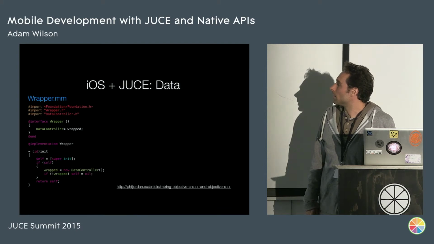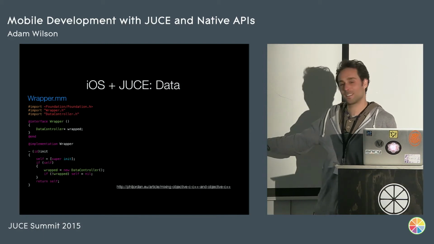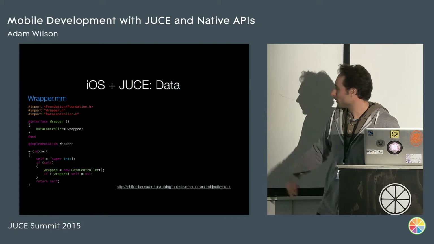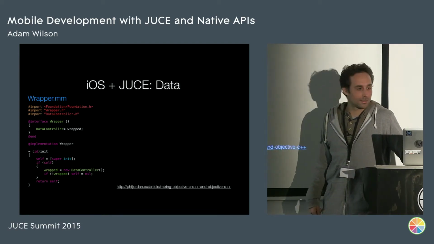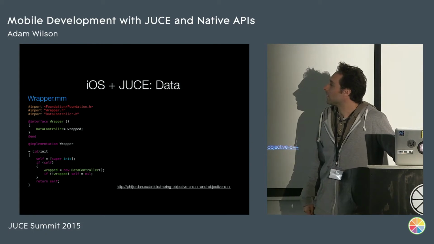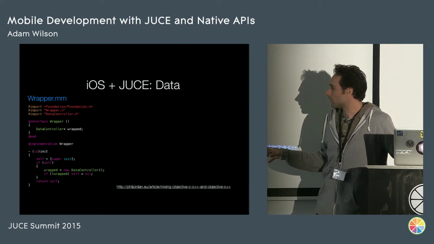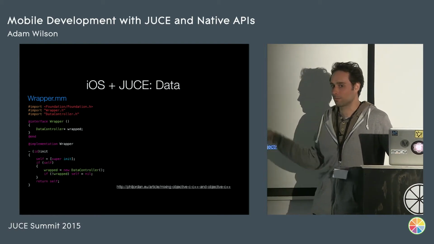And in the implementation, this is where it gets a bit tricky, and I got some help from this link here, which you can go and check out. I'll show it again. It's a bit small there. The basic idea is you're wrapping your C++ object and protecting your Objective-C code from it.